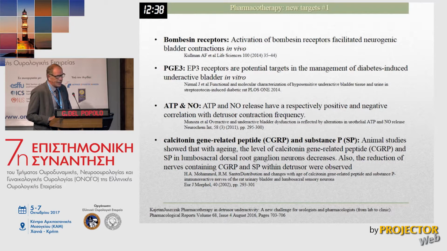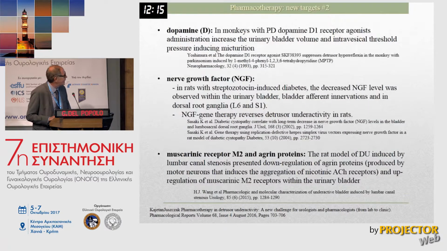So now there is a lot of research about new drugs, working on the bombesin receptor, or the effect of PGE3 or ATP and NO, and also CGRP. But these are just studies that are going on, and we have at the moment no definitive results.